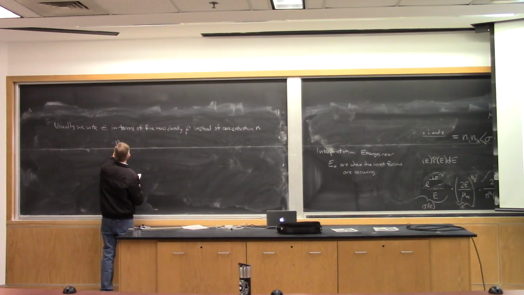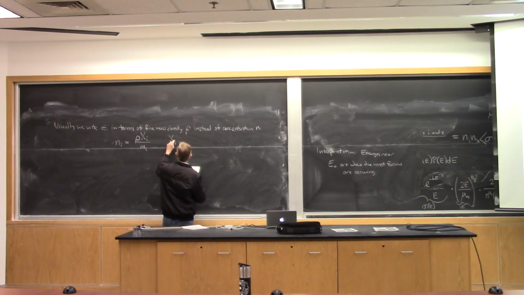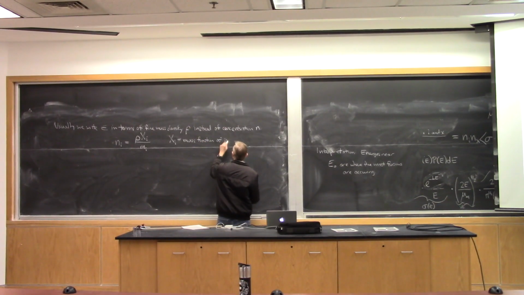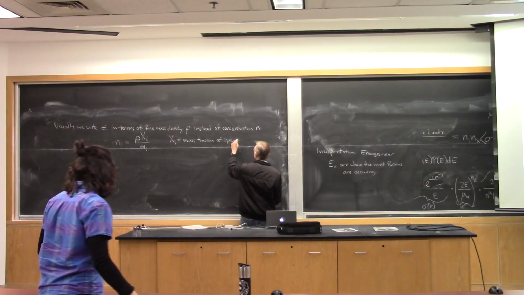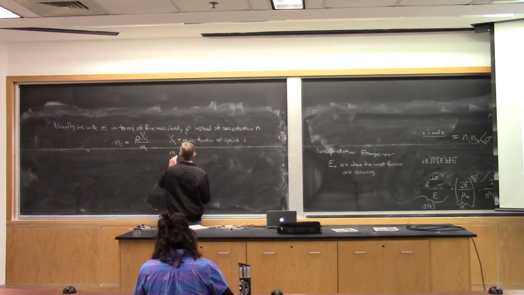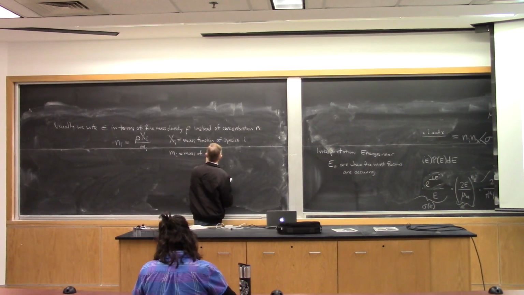And N_i would be rho times capital X_i over m_i, where X_i is the mass fraction of species i, the fraction of the total mass that is due to species i. So if it were 0.5, half the mass of the particles would be species i particles, etc. And m_i is the mass of the nucleus of species i.